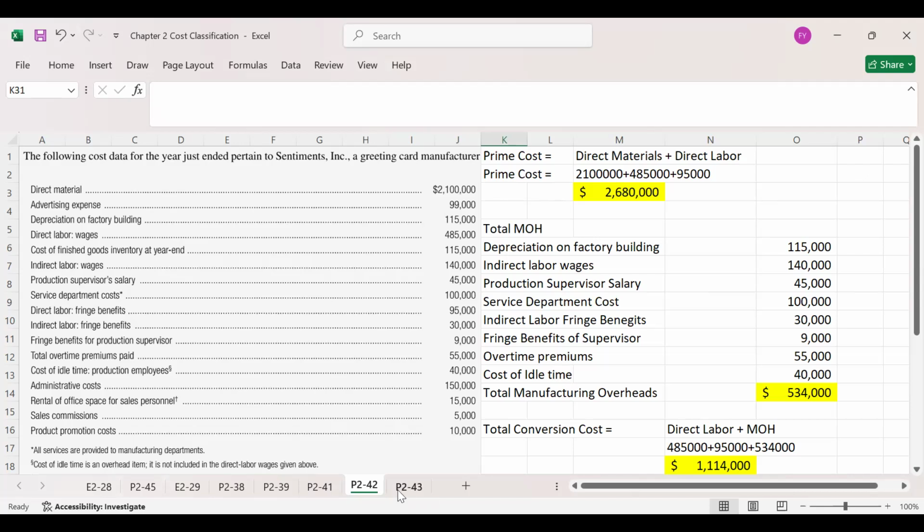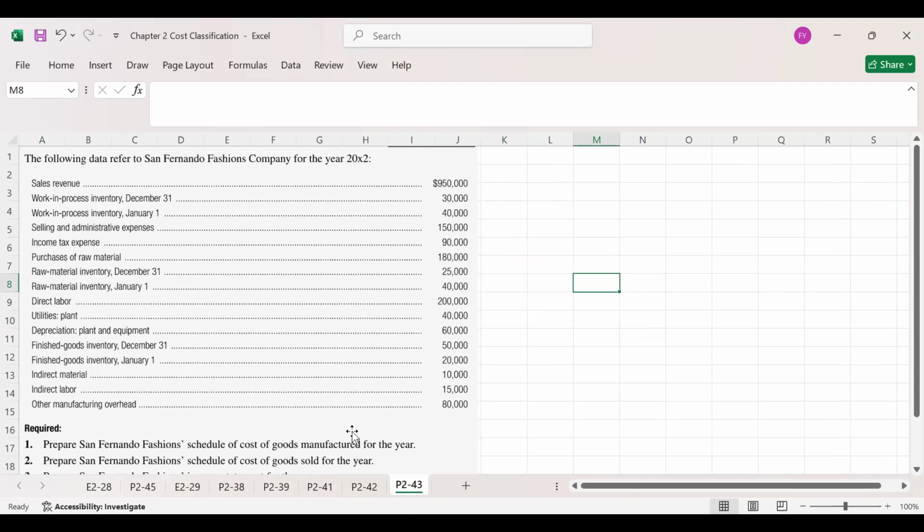The next is 2-43. Again, here we have sales, work in process inventory, selling and admin, which is period cost, income tax, purchase of raw material, inventory of raw material is given, direct labor, plant and utilities is a part of MOH, depreciation on plant and machinery is also again MOH, indirect labor, indirect material, and other MOH.